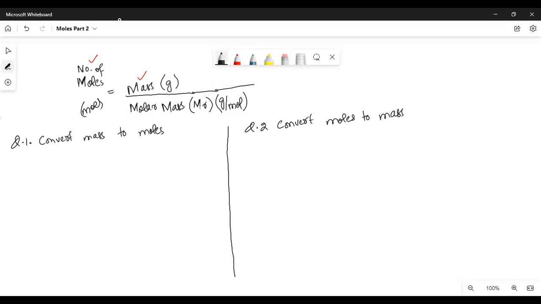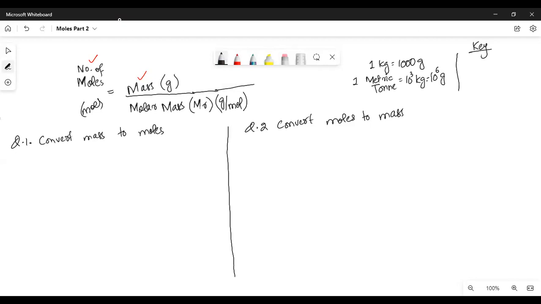Now, in order to do this, we need a key. My key is going to be about the units that we commonly use. I hope you understand that 1 kg, or 1 kilogram, is equal to 1000 grams. 1 metric ton, or simply 1 ton, is equal to 10 raised to power 3 kg, or is equal to 10 raised to power 6 grams.